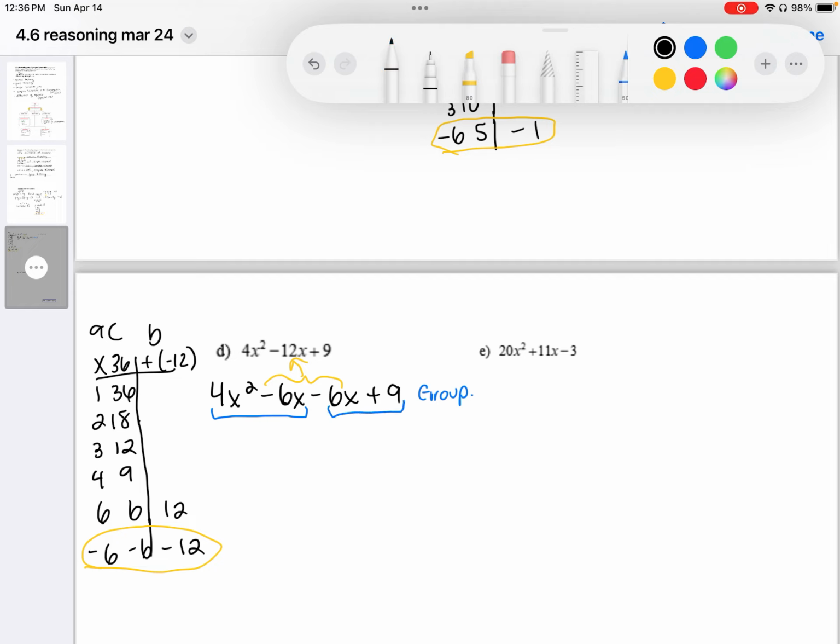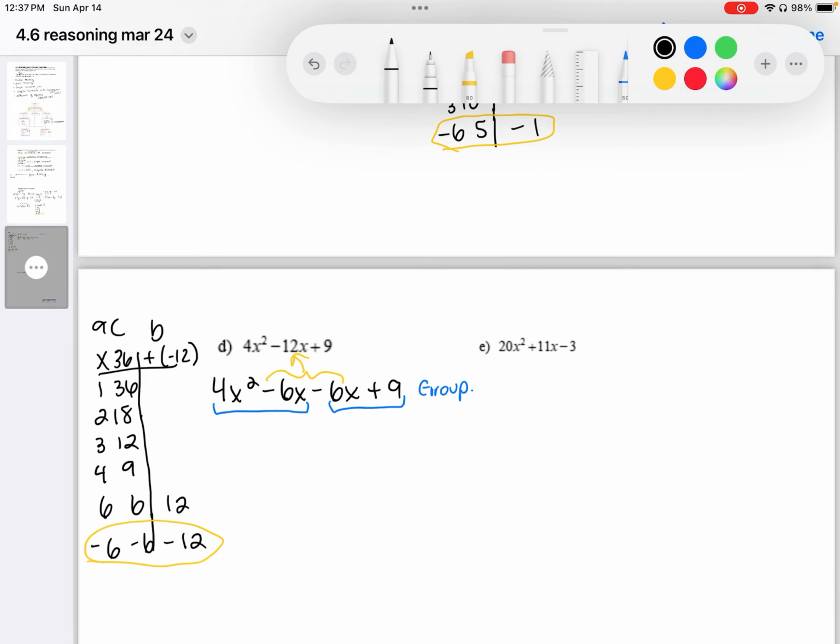And remember the trick with decomposition, when you factor the greatest common factor from the first two terms, you're going to create something inside brackets that's what you're looking for in the second two terms. So it sort of gives you a hint. So I'm going to check 4. 6 does not divide by 4, but 6 and 4 are divisible by 2. And there's x in both of the terms, so you can pull out a 2x.